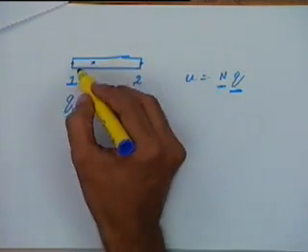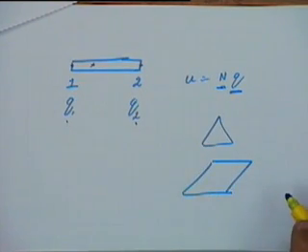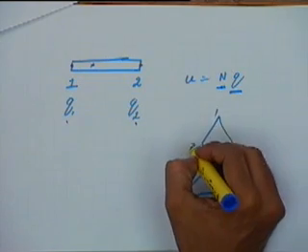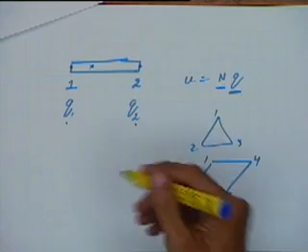Let us say in 2D we will try to take either triangular elements or quadrilateral elements, maybe with 3 nodes, 4 nodes, or higher number of nodes.